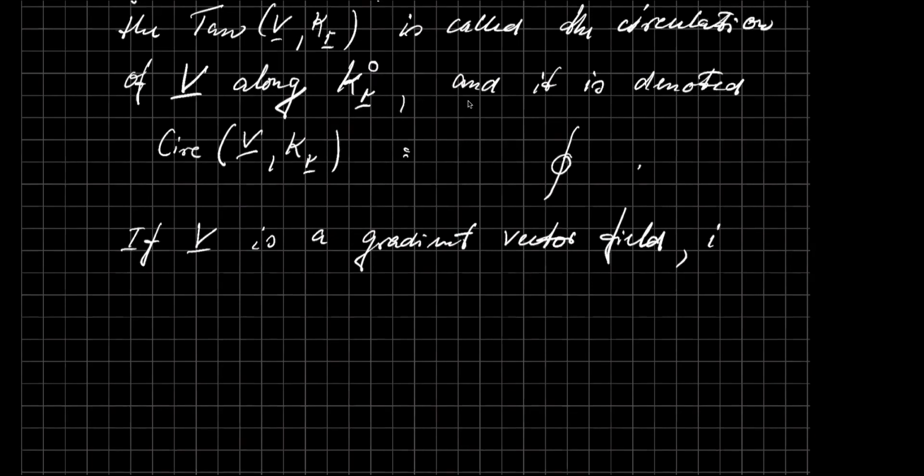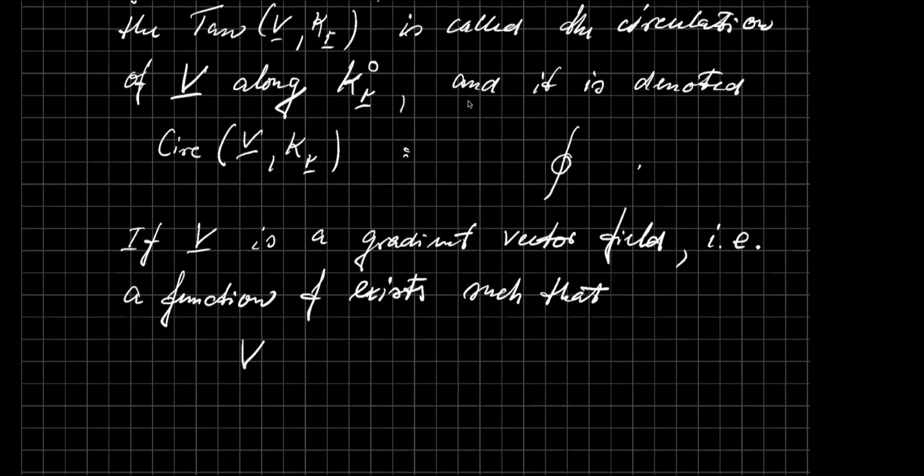And that is, a function f exists such that v is equal to the gradient of f, and remember the gradient is the partial derivatives of f with respect to the three coordinates, like this.